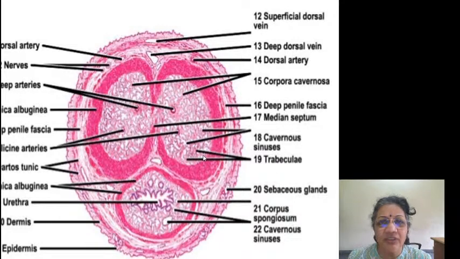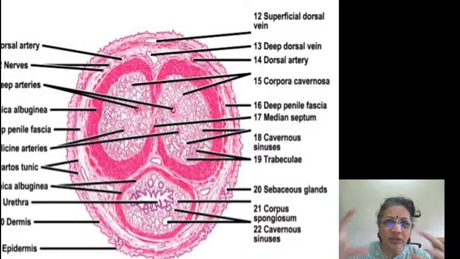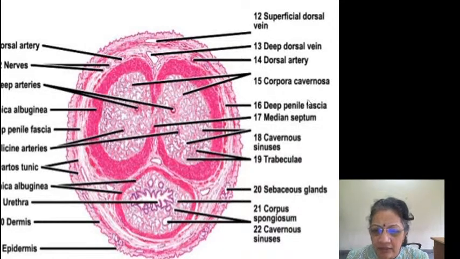The trabeculae of a little bit of reticular tissue in between, forming the bulk, the architect, the skeleton of the corpus cavernosum, and holding all these vessels and these collagen fibers and all together. Sebaceous glands, as you have in any skin domain, you've seen skin, right? So in that, and then you don't have hair, it's hairless skin, but otherwise it is normal skin which is covering the surface.